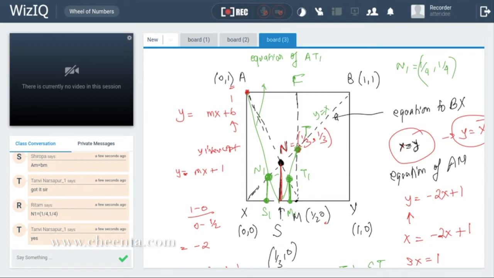Or I'm sorry, AT, not AT. Actually, I'm making a little error in the symbols. This is S. So AS rather. So what is the equation of AS?